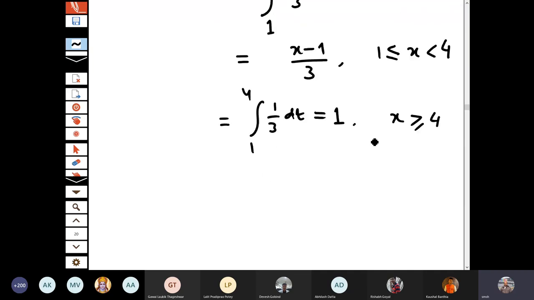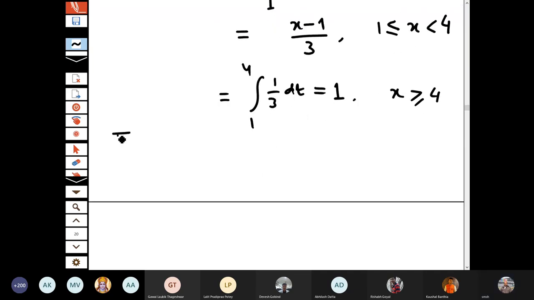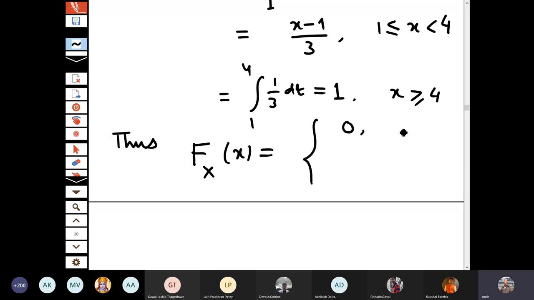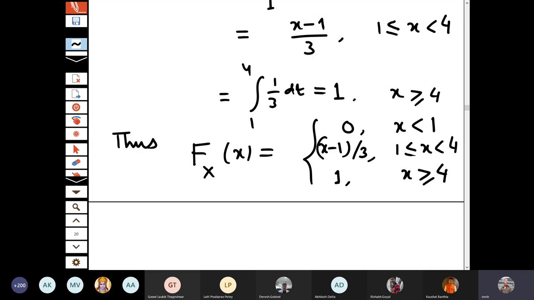So if you describe this CDF, it can be written like this: 0 for x less than 1, (x minus 1)/3 for 1 less than or equal to x less than 4, and equal to 1 for x greater than or equal to 4.